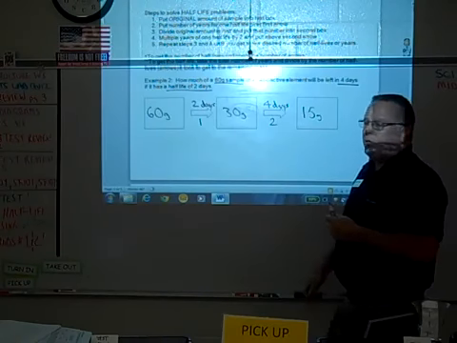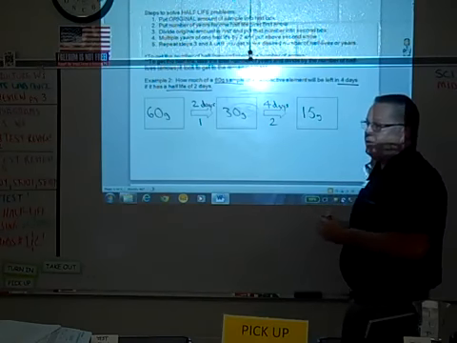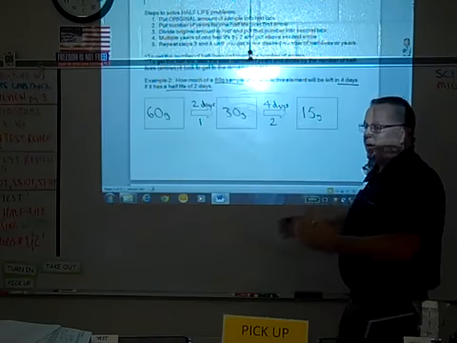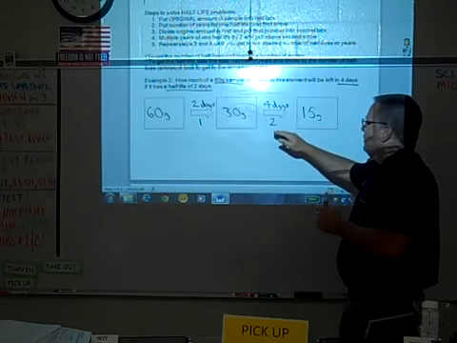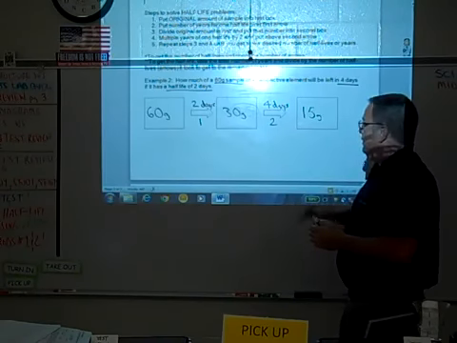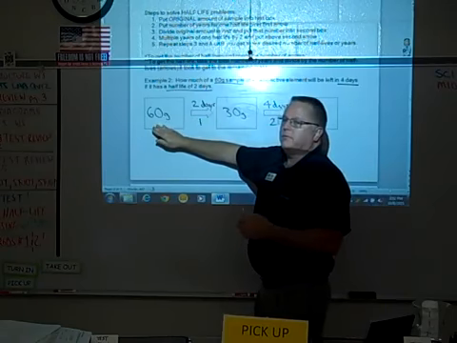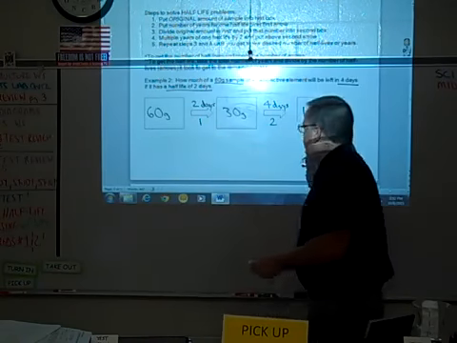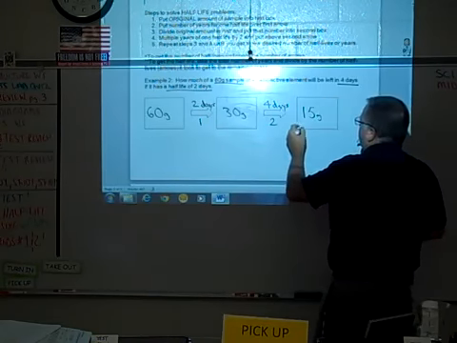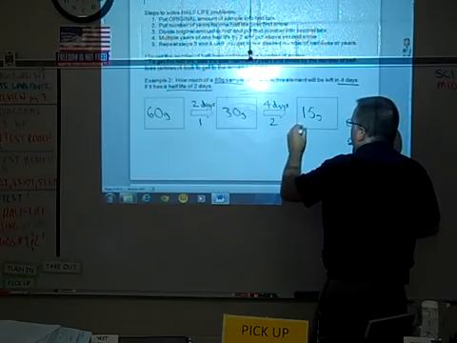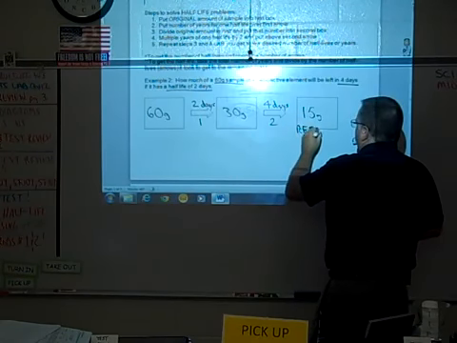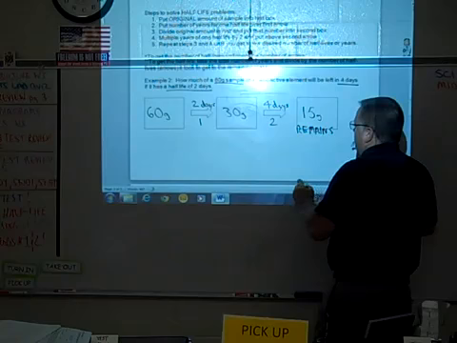Just in case they turn the question around on you, they may ask you how much has decayed after 2 half-lives, or 4 days. Well, if this is what I have left, and this is what I started with, just find the difference. Just subtract. So this is the amount that remains. Just make a little note just in case they flip it around on you.